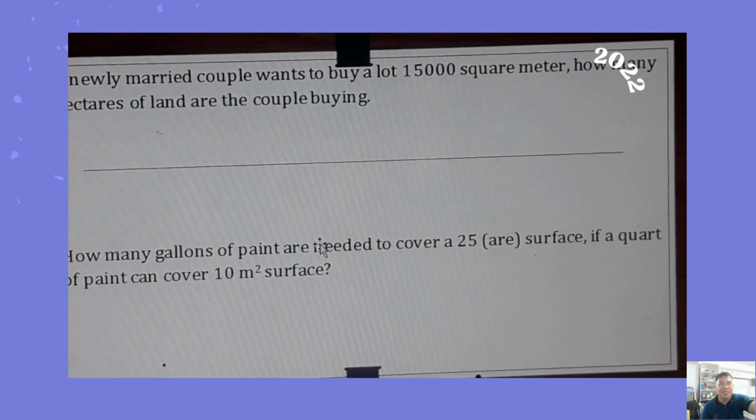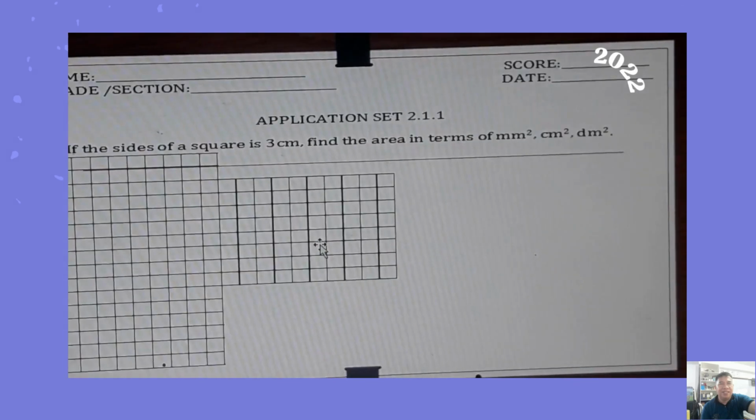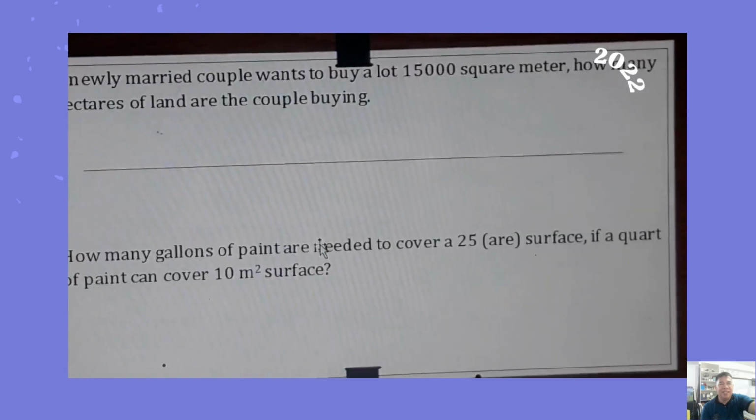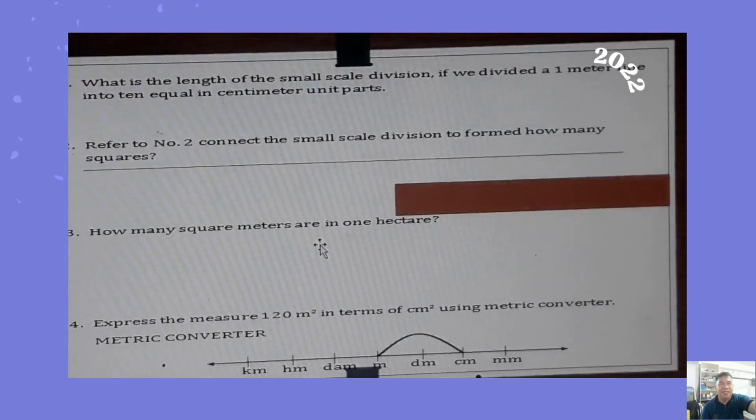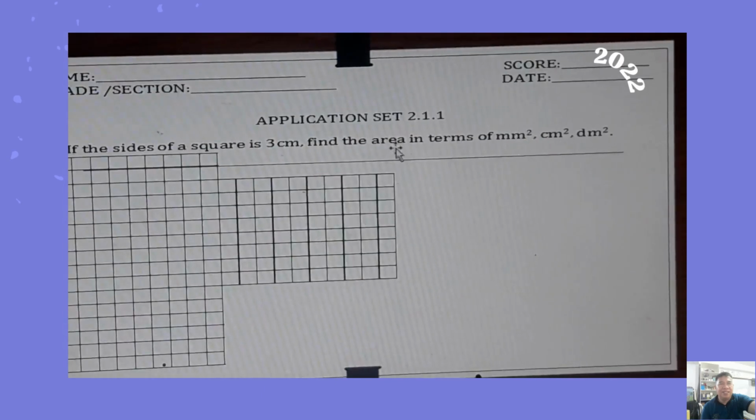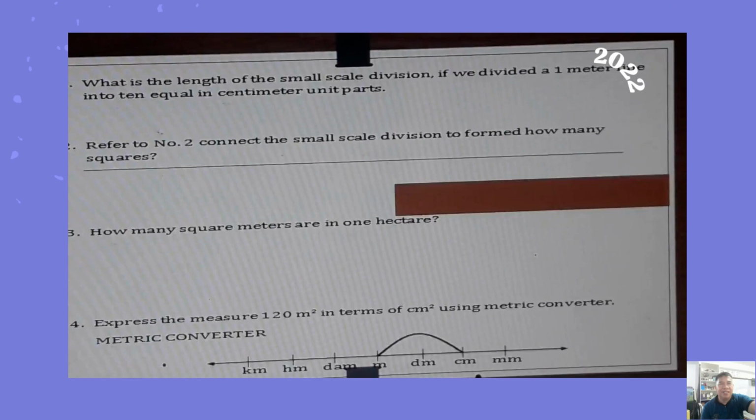The second set of the activity is problem solving.